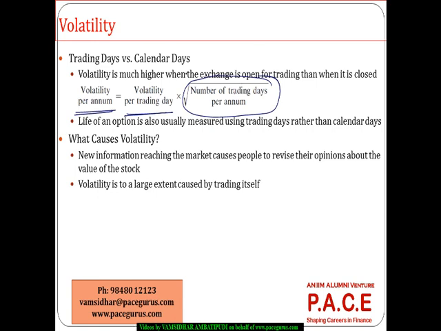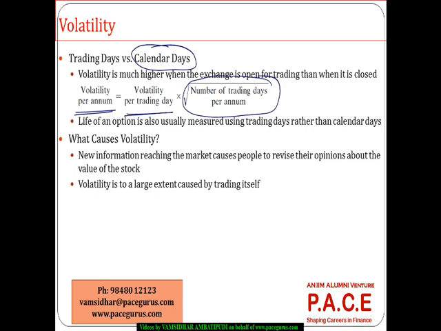But I don't want to take calendar days here, because research has shown that the fluctuation is much higher when the market is open than when it is closed. So the volatilities have been much lesser for those days where the market is closed.